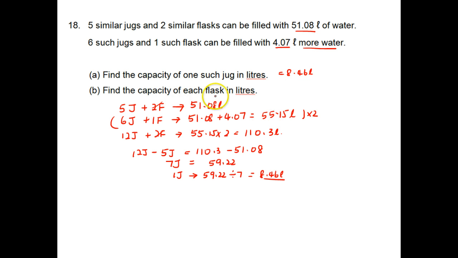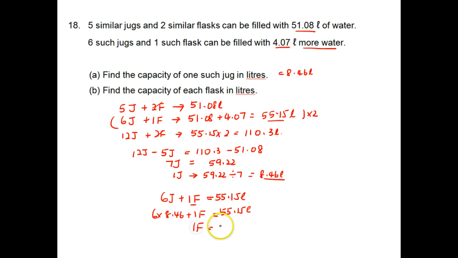I want to find the capacity of each flask. So 6 jugs plus 1 flask is 55.15. 1 jug is 8.46, so 6 jugs will be 6 times 8.46, plus 1 flask, 55.15 liter.